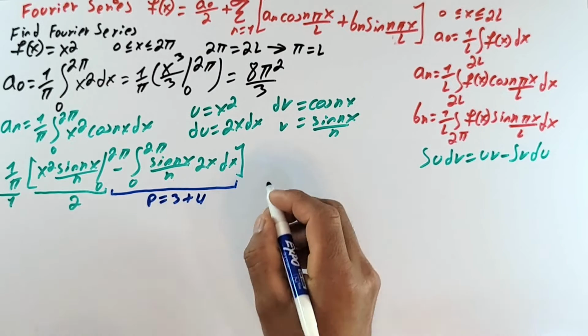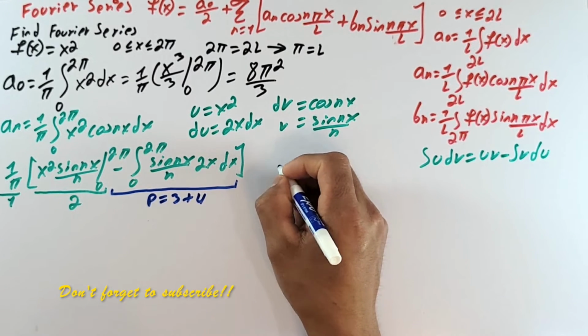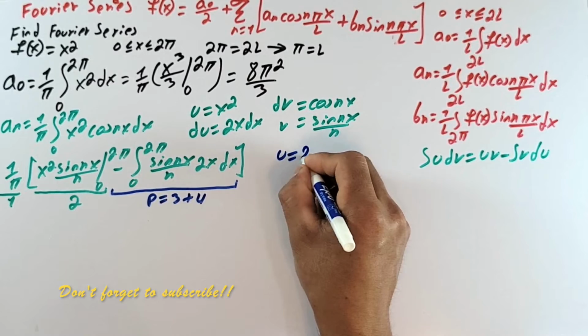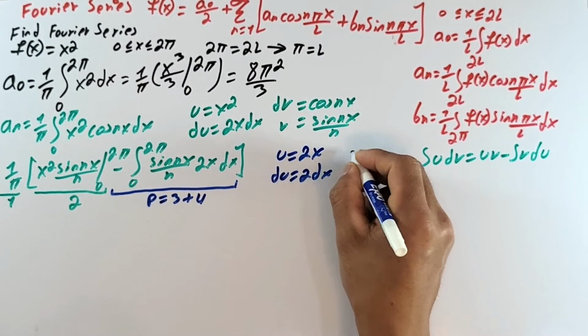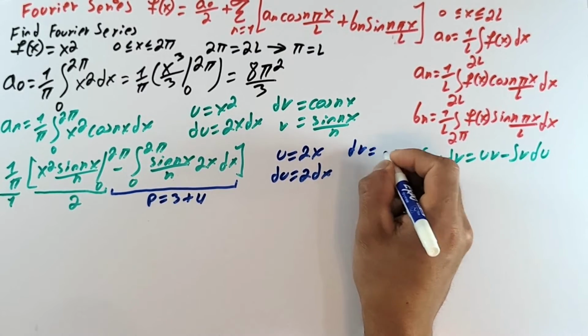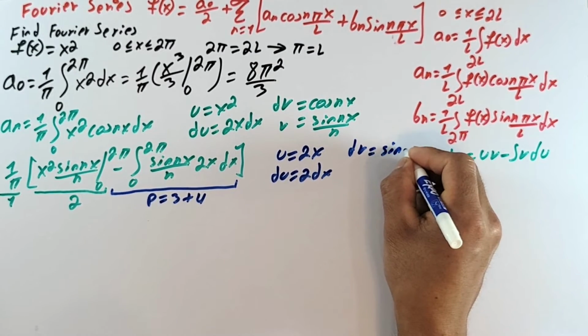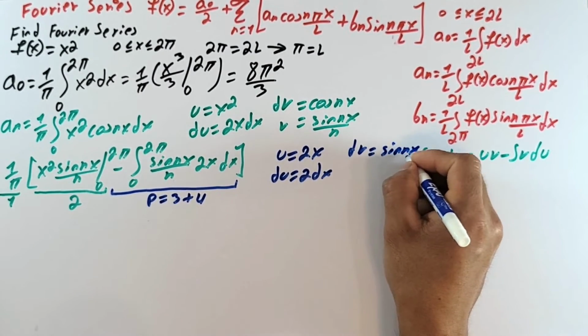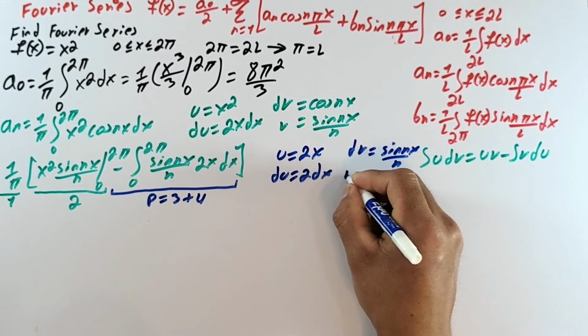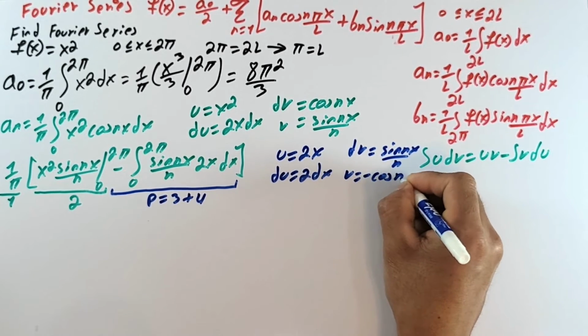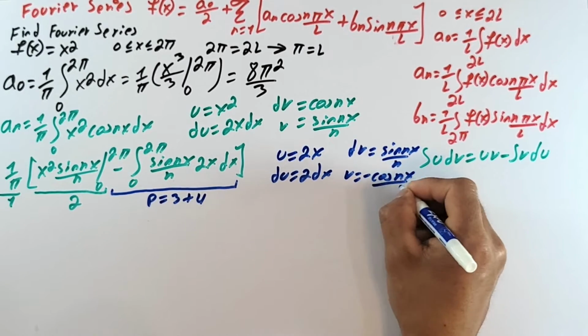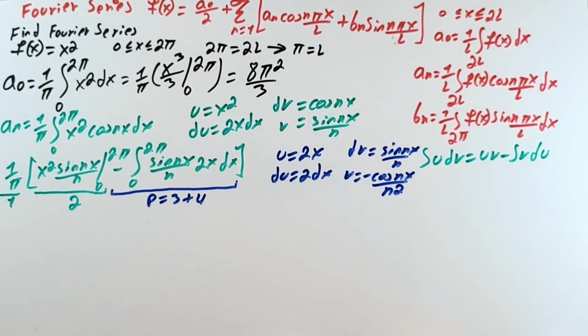So we do integration by parts one more time, and we let u equal 2x, du equals 2 dx, dv equals sine nx over n, and v is equal to minus cos nx over n squared.